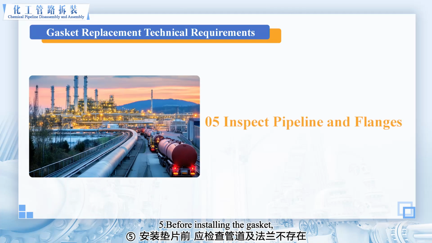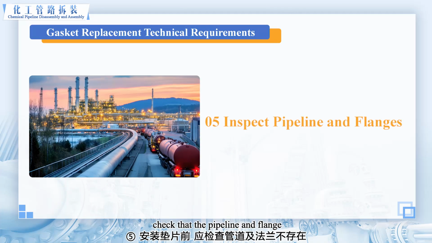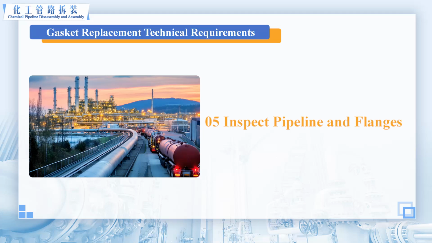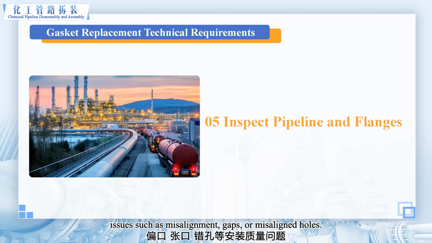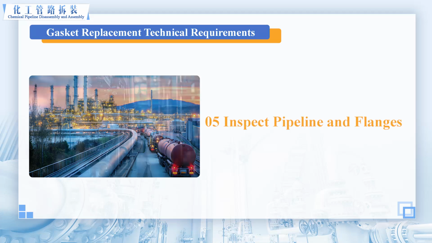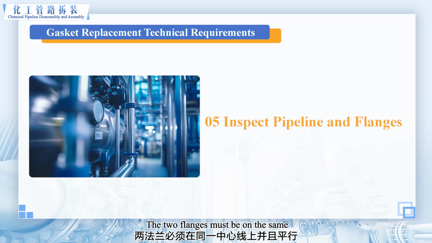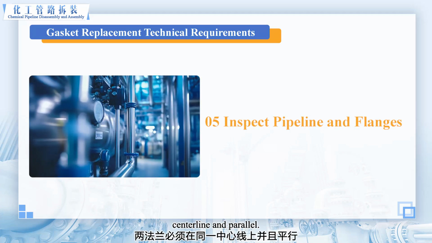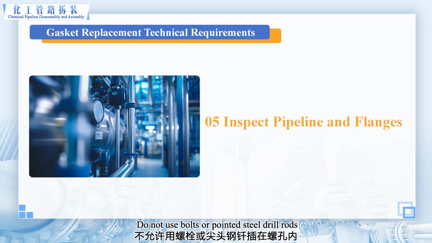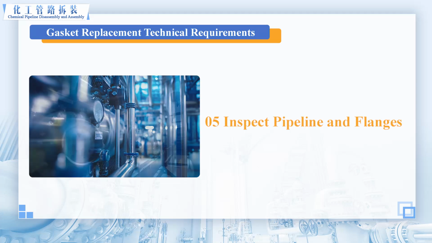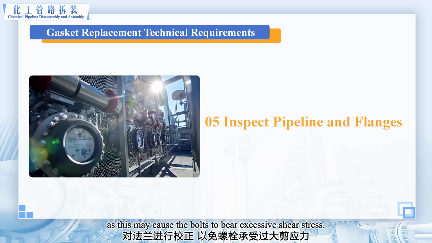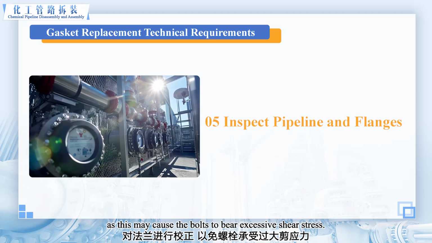Fifth, before installing the gasket, check that the pipeline and flange do not have installation quality issues such as misalignment gaps or misaligned holes. The two flanges must be on the same center line and parallel. Do not use bolts or pointed steel drill rods inserted into the bolt holes to correct the flange, as this may cause the bolts to bear excessive shear stress.